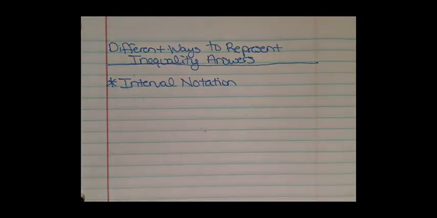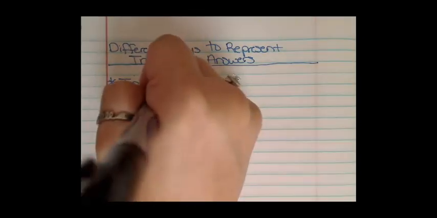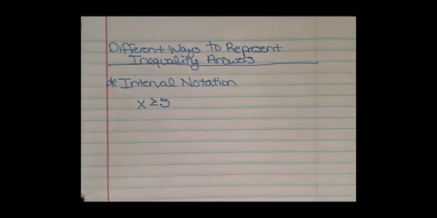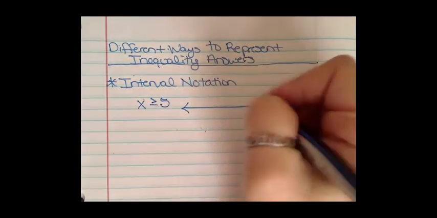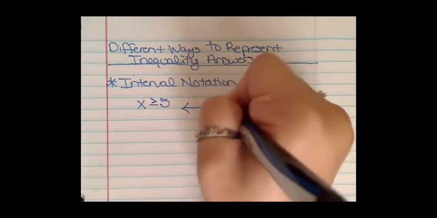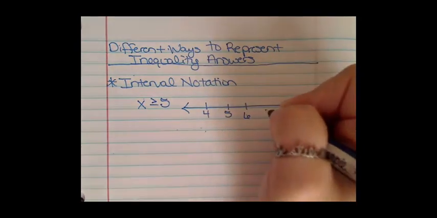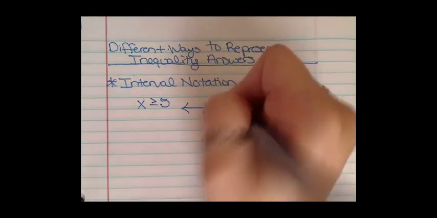Alright, interval notation, we have x is greater than or equal to 5. And a lot of times on these problems you're going to have a picture to go with it, or you're going to have to pick a picture. So if we have greater than or equal to, that'll be a filled in bubble.